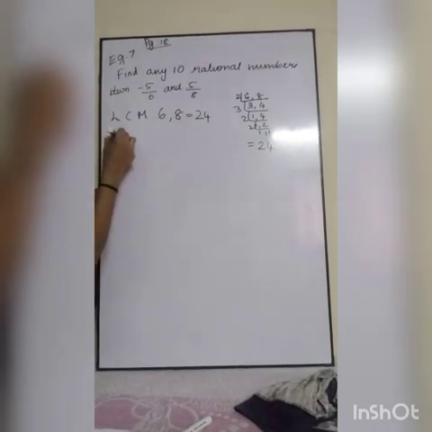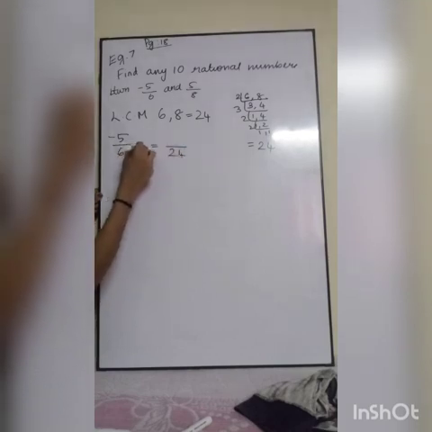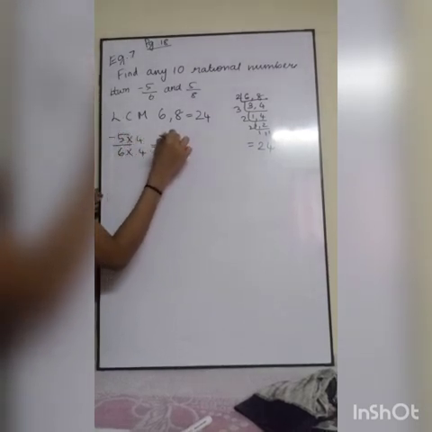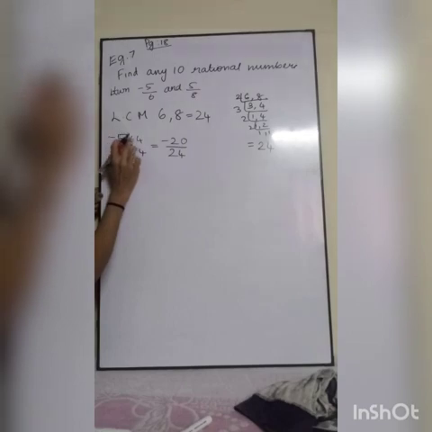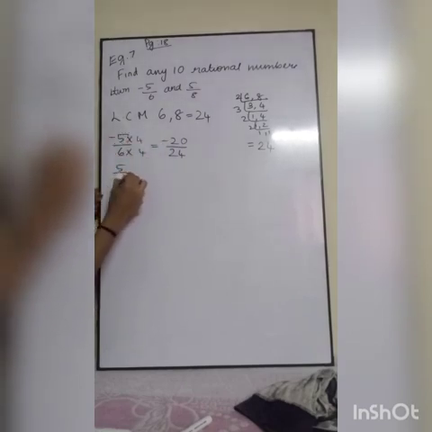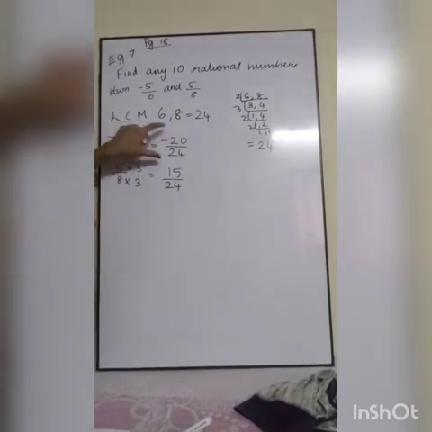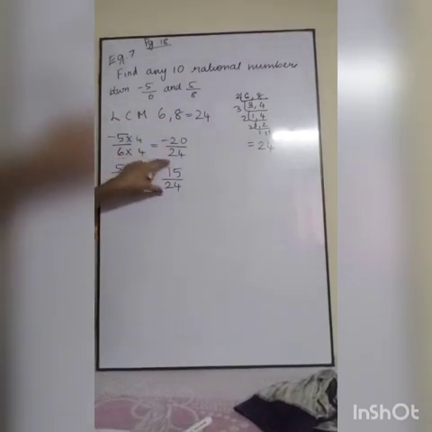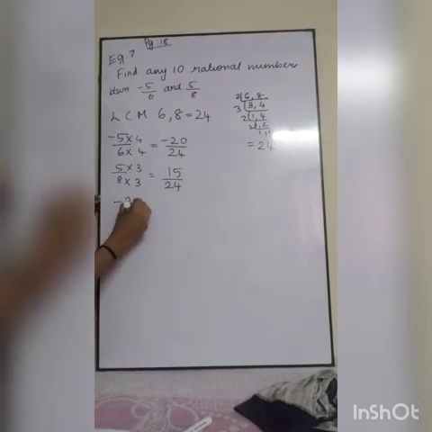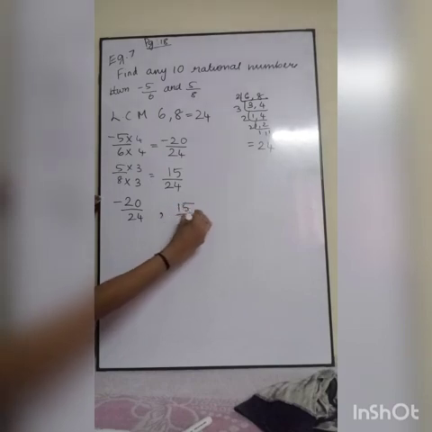So now I am going to make both denominators the same. 6 4s are 24, minus 5 4s are minus 20, because minus into plus is minus. 5 by 8: 8 3s are 24, 5 3s are 15. So this rational number has become like this, and this one like this. So now you have minus 20 by 24, and the other number is 15 by 24.